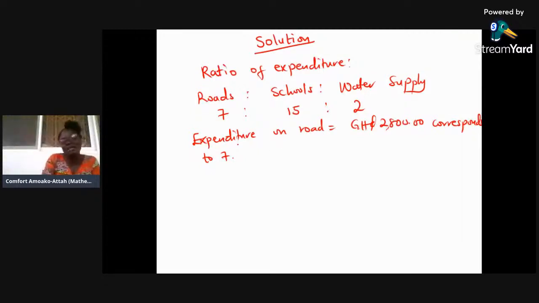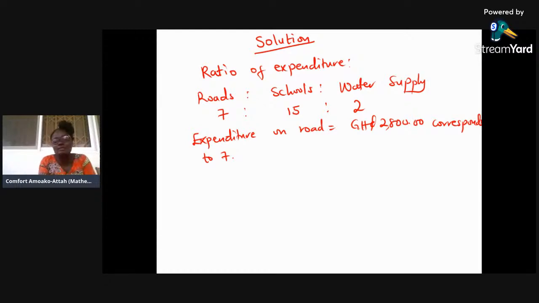So if expenditure on roads, which is 2,800 Ghana cedis, corresponds to 7, then what will 15 give to you? Because the question is asking us to find the expenditure on schools and the expenditure on water supply.